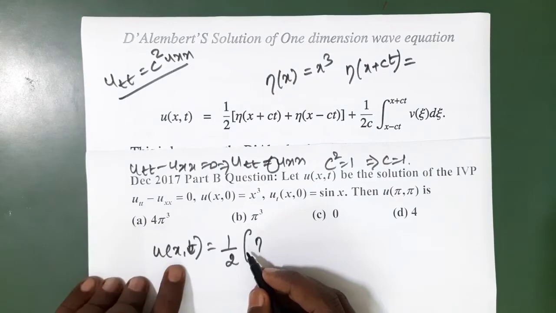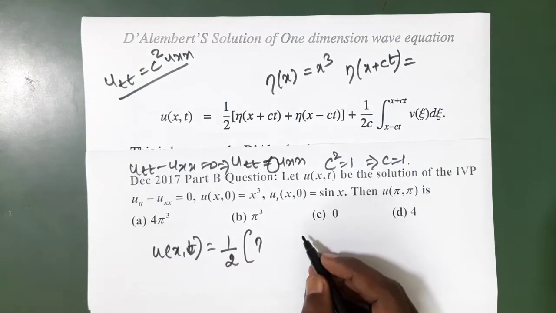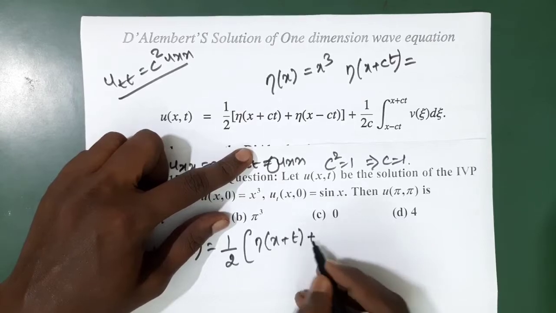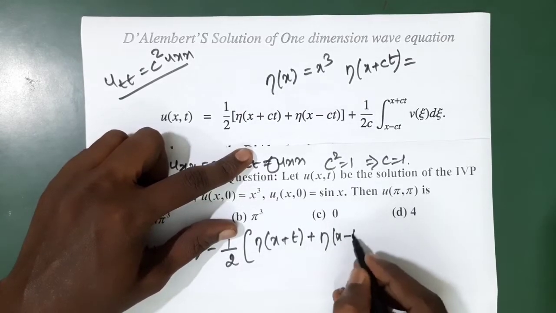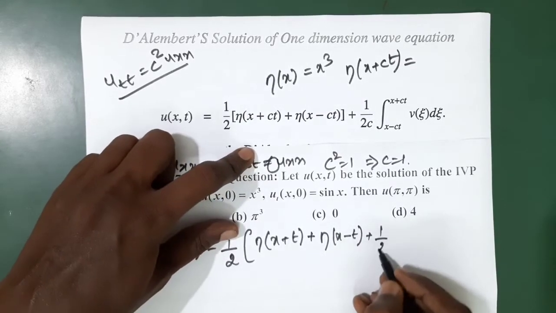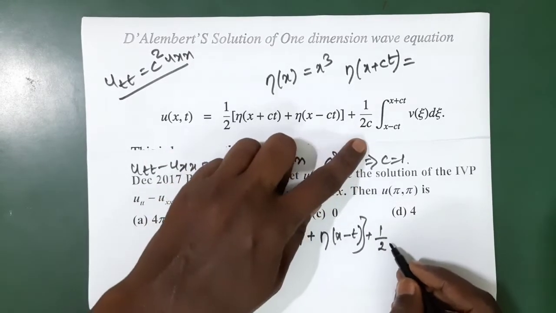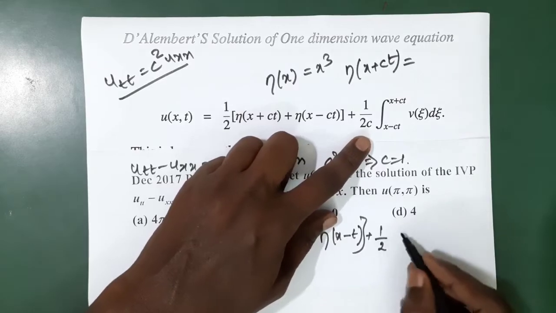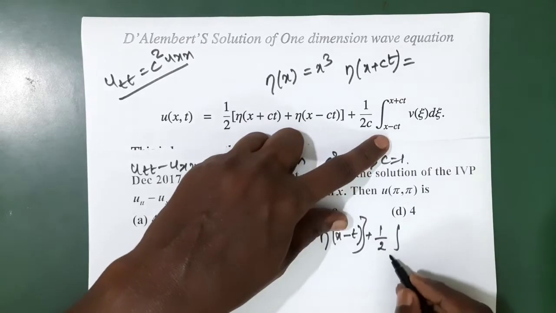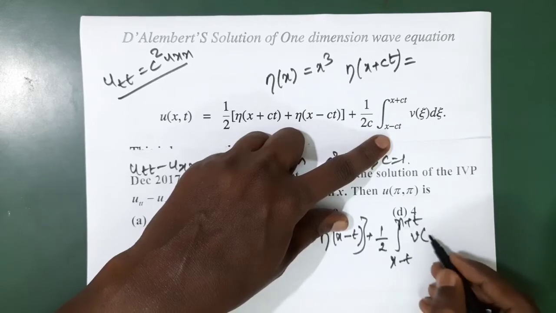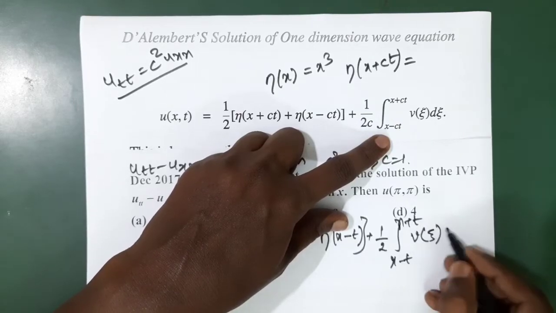So the solution u of x comma t is equal to eta of x plus t plus eta of x minus t, plus half into 1 by c, which is 1, integral again x minus t to x plus t of v of xi d xi.